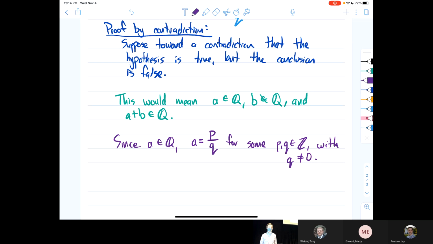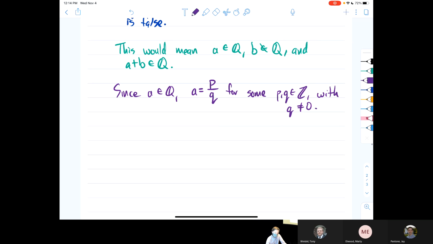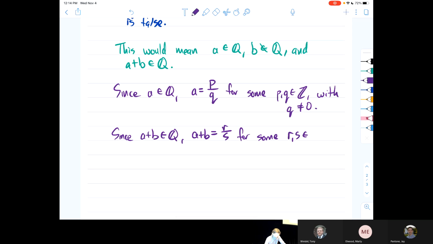So what we've done there is we've applied the definition of a rational number to A. Now we're going to do the same thing applied to A plus B. We can't use P over Q. Those letters are already accounted for, so we have to use different letters. Since A plus B is rational, A plus B equals R over S, for some R and S in the integers with S not equal to 0.